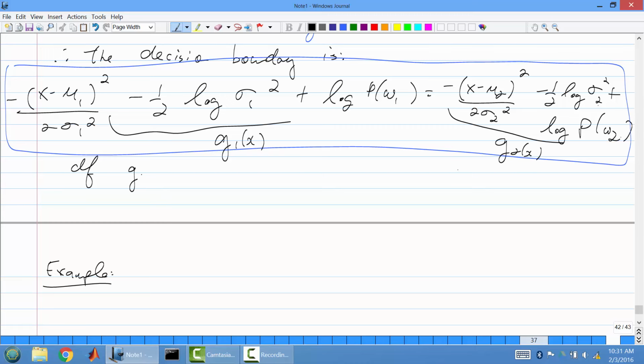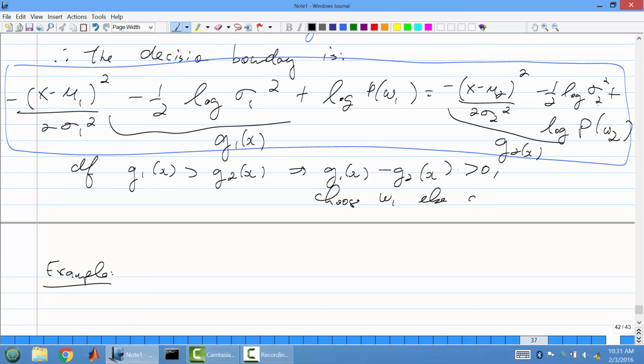So the decision rule is if G1 is greater than G2, or if you bring one to the other side, if G1(x) minus G2(x) is greater than 0, choose class 1, else class 2. Okay, that's the decision rule.